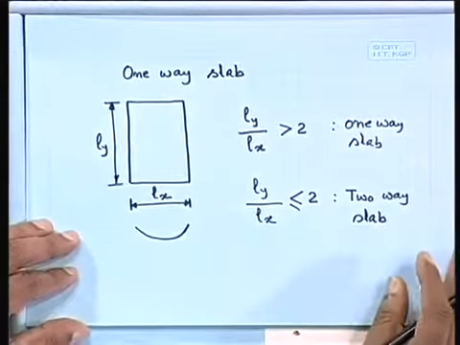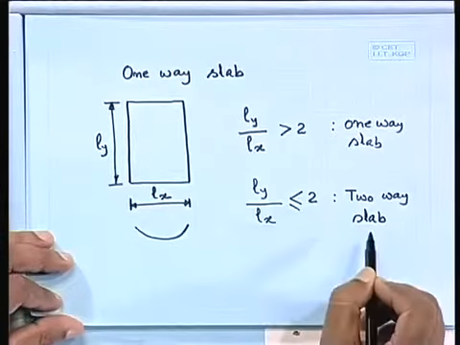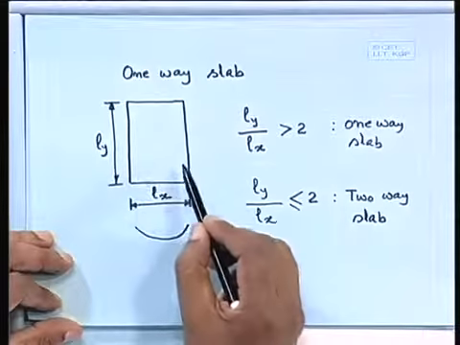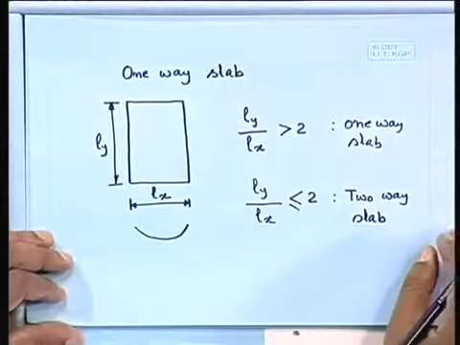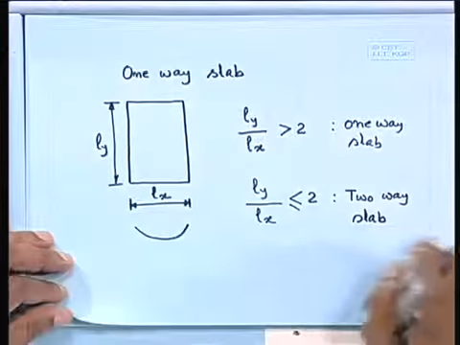So in our case, Ly by Lx less than or equal to 2 is a two-way slab. That means the load is not fully taken by Lx, the shorter direction; the other direction also takes a certain portion of the load, and how to design that one, we shall find out today.